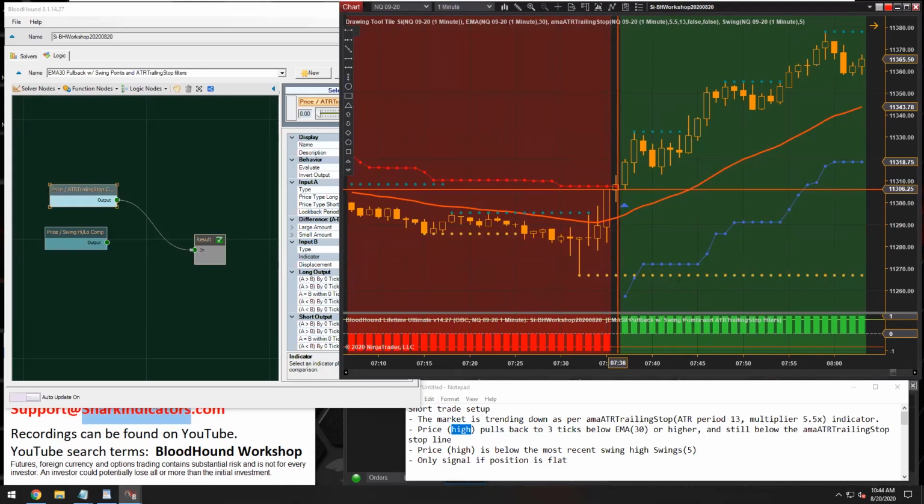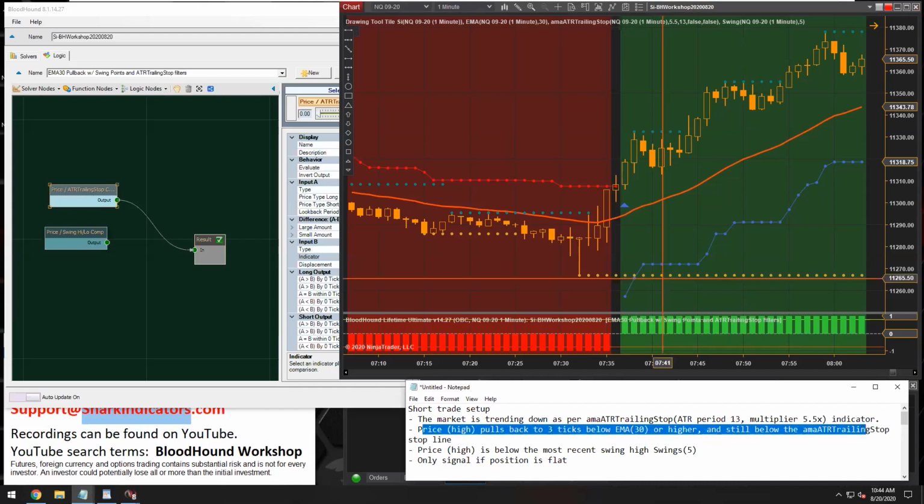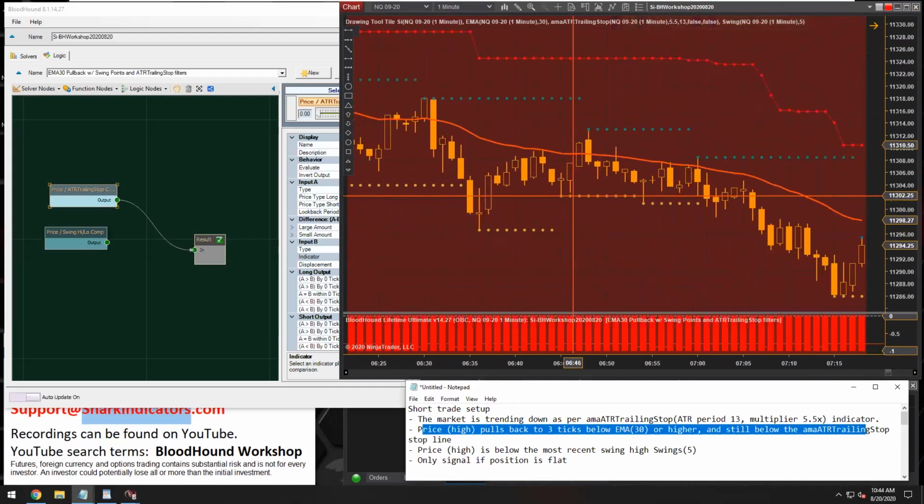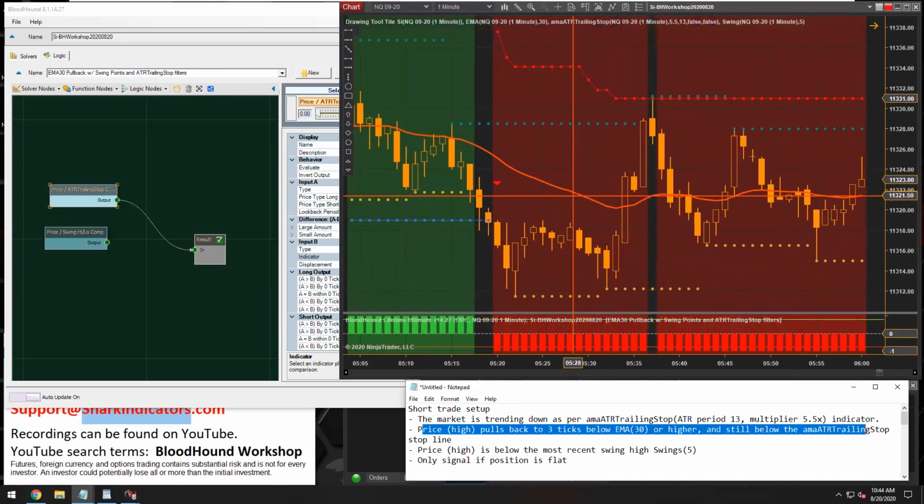Here we go. Perfect. Right here, on the bar where the ATR trailing stop is going to flip, most of the time, or probably all the time, we can see that we have a bar where there's no longer a short because the high of the bar is above the ATR trailing, so it does not meet this second rule. Let's scroll back a little further.